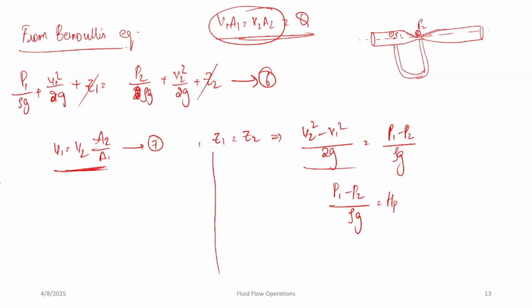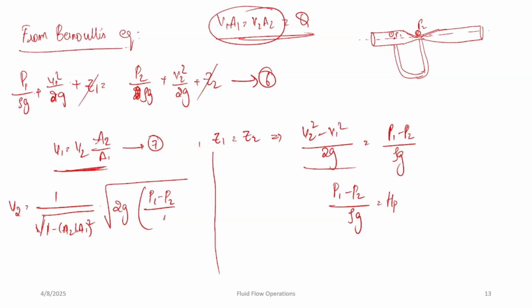We will get V2 as, I'm directly writing a simplified equation, V2 as 1 by square root of 1 minus (A2 by A1) whole square, into square root of 2g into P1 minus P2 by rho g.